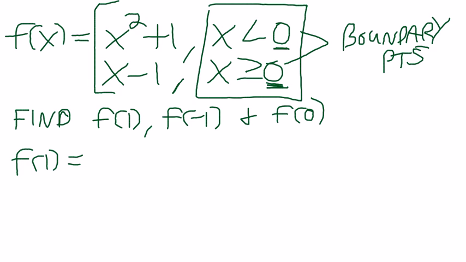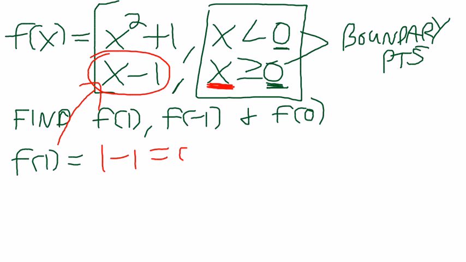So when I look at both inequalities for the specified domain, this is where it's going to satisfy. If you plug 1 in here, well, 1's greater than or equal to 0. So that means we're going to use this equation. So I'm just going to plug 1 into that x. So it's just 1 minus 1 equals 0. It's as simple as that. That's your answer, 0.